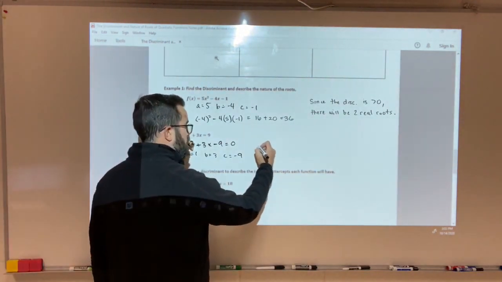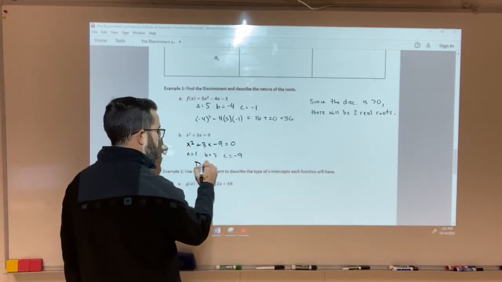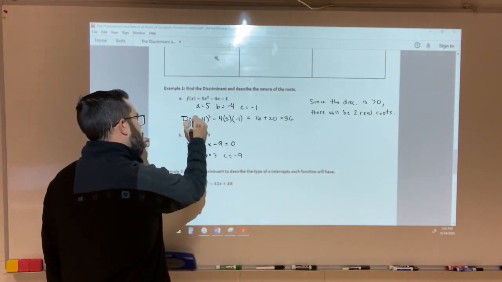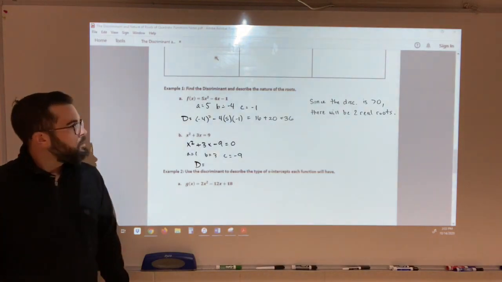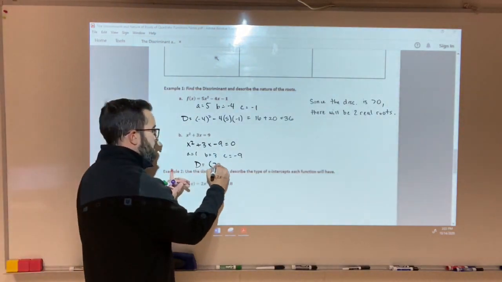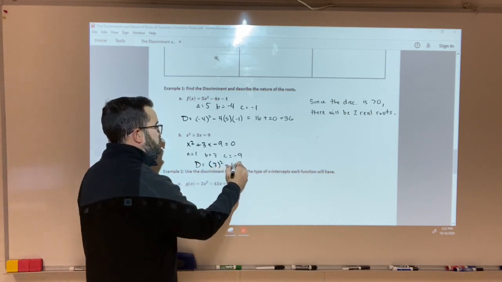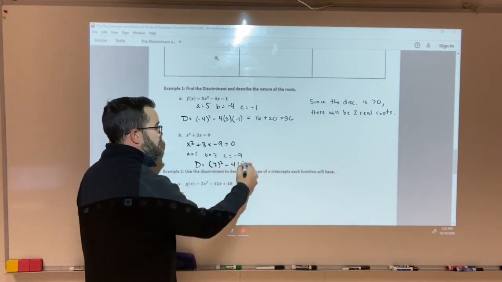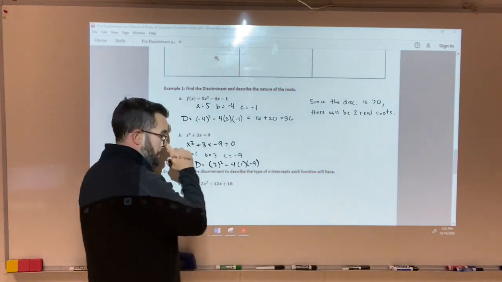Now, the discriminant, I guess I should write capital D to notate what I'm actually finding. The discriminant is equal to b squared, so 3 squared, minus 4 times a, which is 1, times c, which is -9.